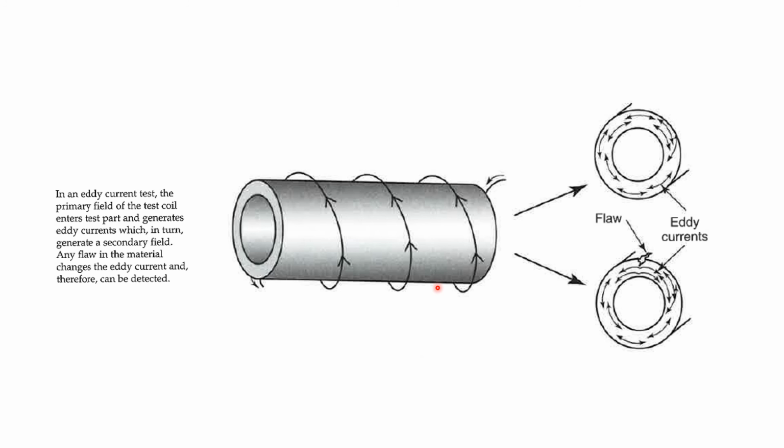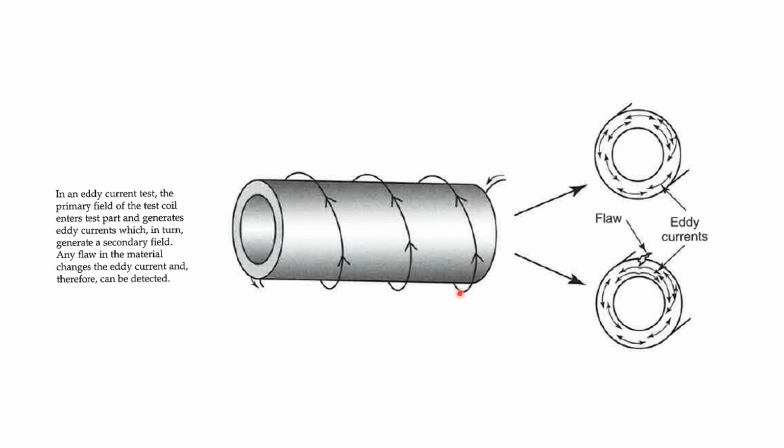Alright, this one is your textbook diagram. So in an eddy current test, the primary field of the test coil is going to enter the test part and then generate your eddy currents.